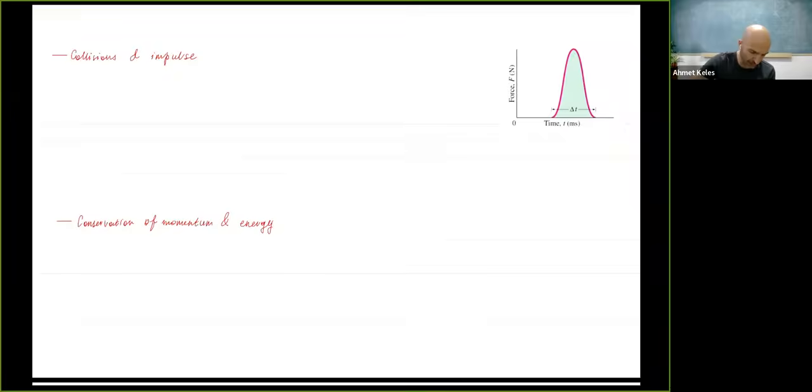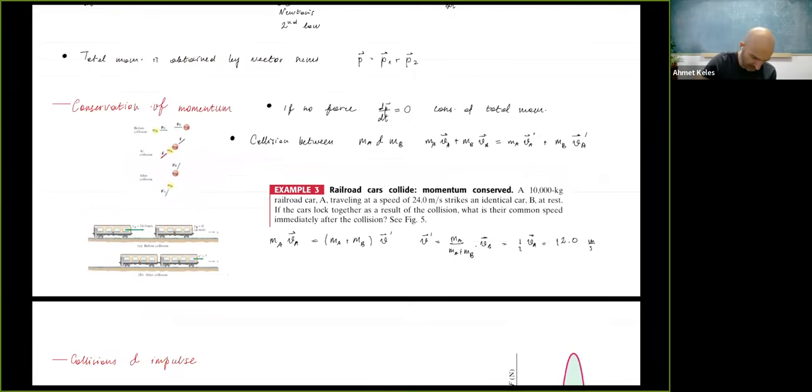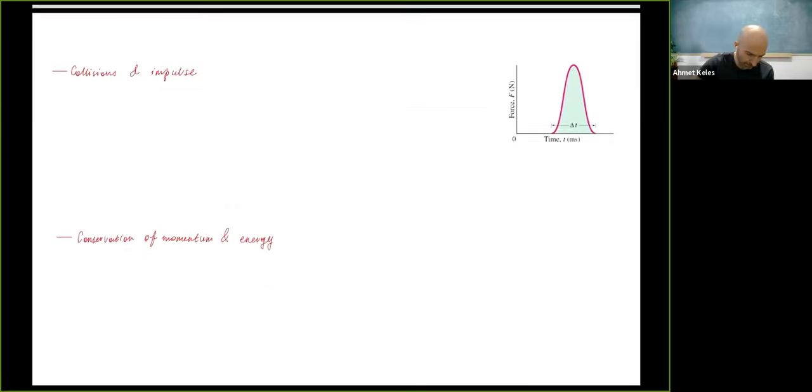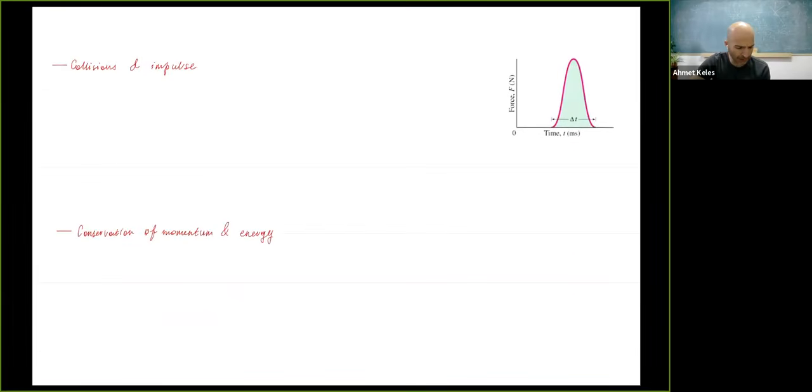But if you are focusing on only one mass, there is a gigantic force coming from the other one. But the duration of this force is very, very tiny. It happens almost instantaneously. They just collide and then separate.